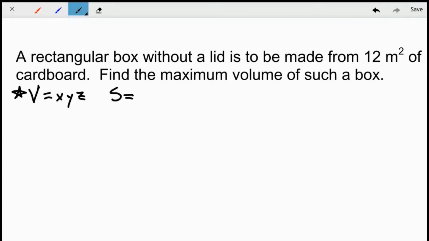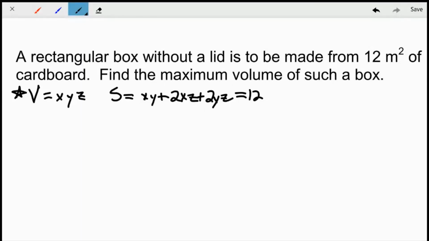In this case, we have no lid. So I'm going to say the base is xy, and then I'm going to have 2xz and 2yz. And I know that amount of material has to add up to make 12. So the volume function is like my f function, and the area function is like my g function.